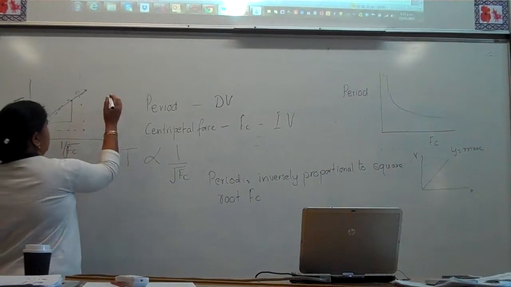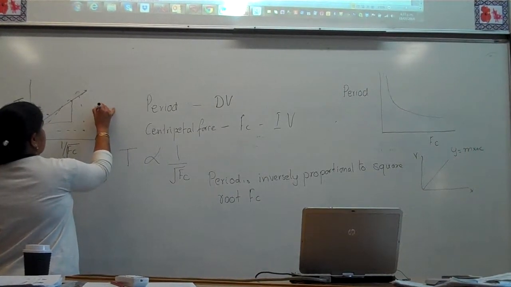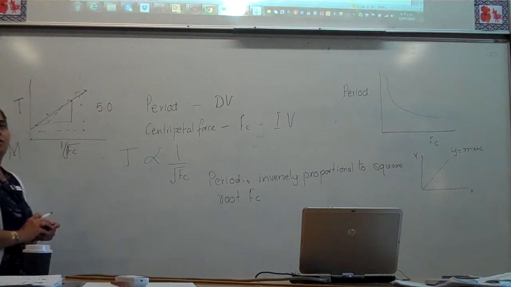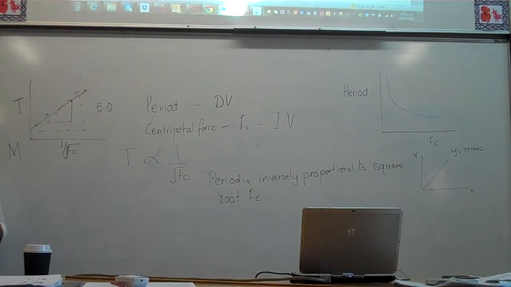Work out the gradient. Whatever the answer for the gradient, let us suppose our gradient is 5. What will be the unit for the gradient? I have not written these units for a reason. Can somebody tell me what unit we use for time period?